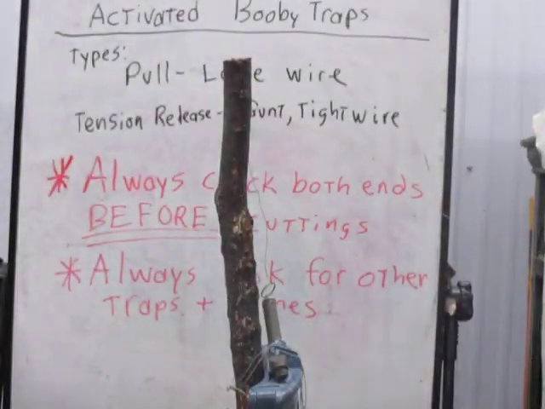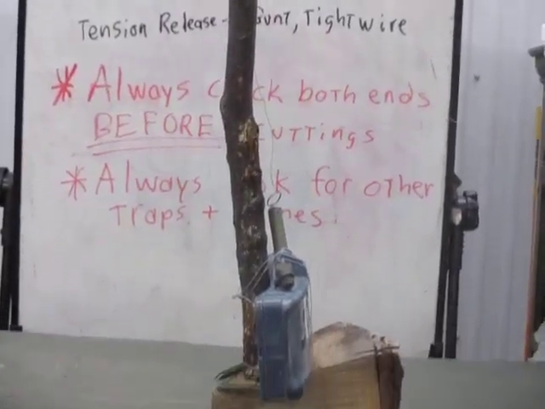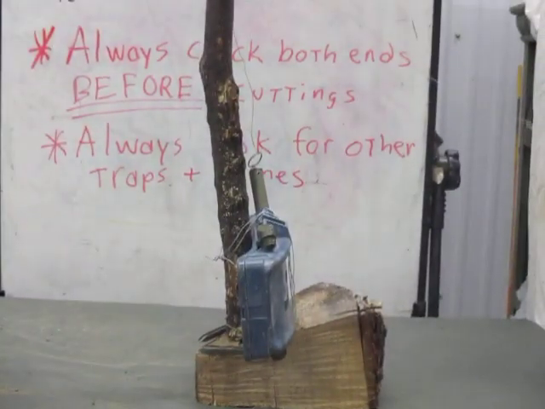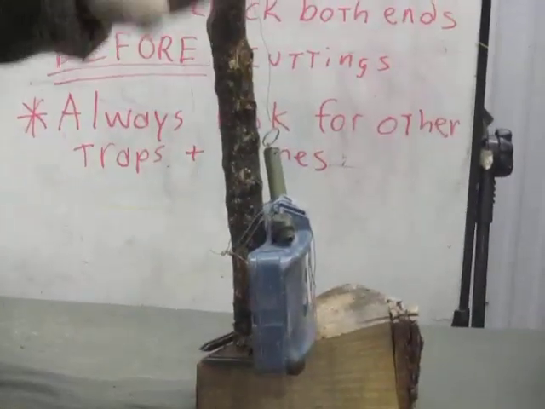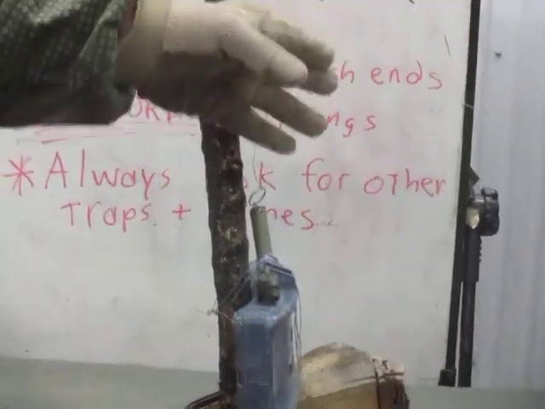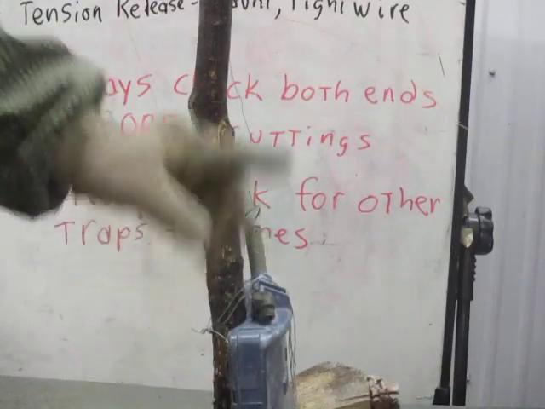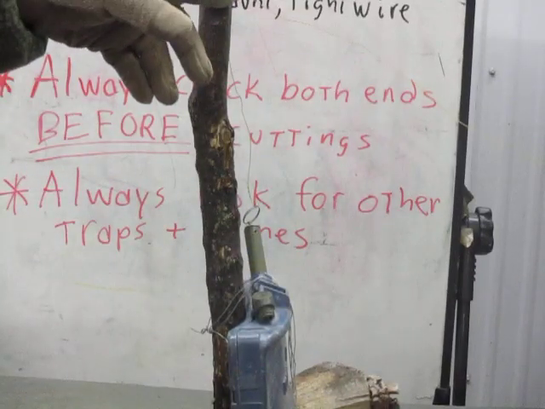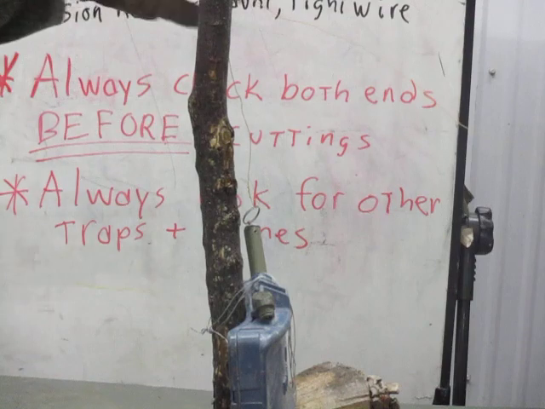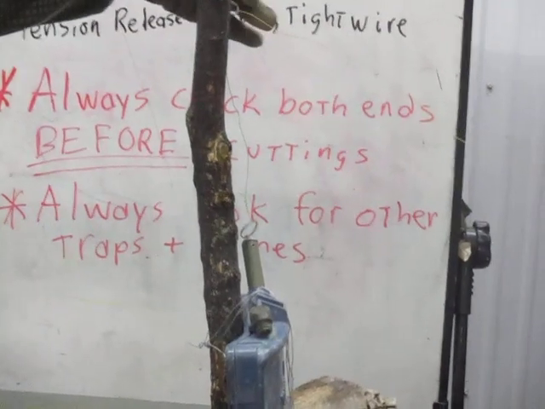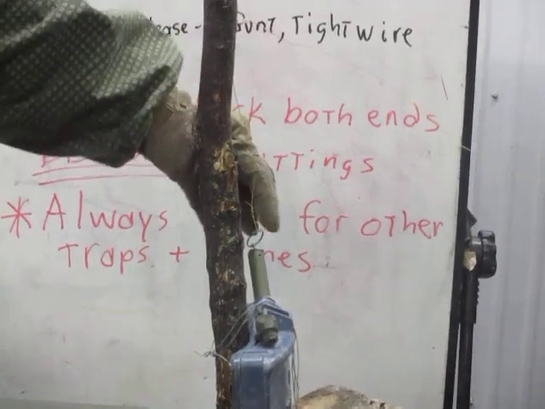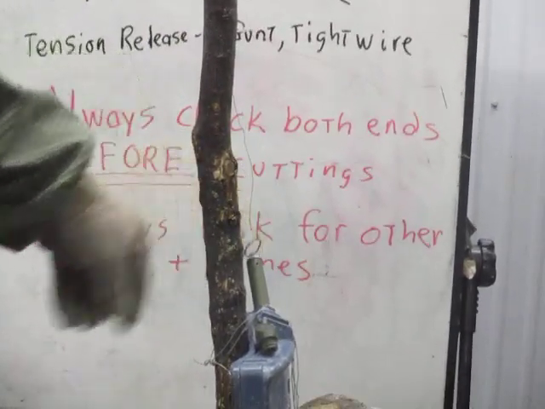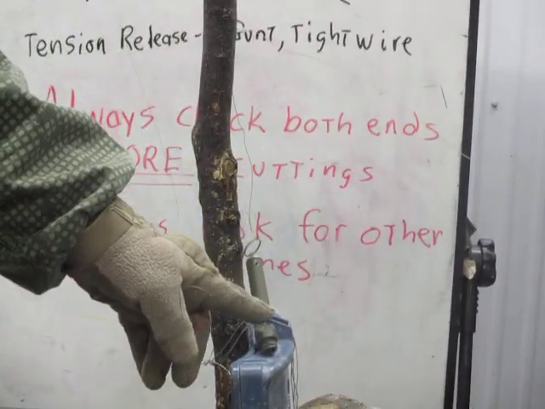Now our next little example here, we found a tripwire. We traced it back to a tree. Here it ran into an eyelet of some type. Tripwire went down to a pull type device connected into a claymore mine.